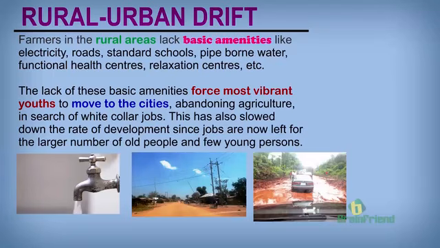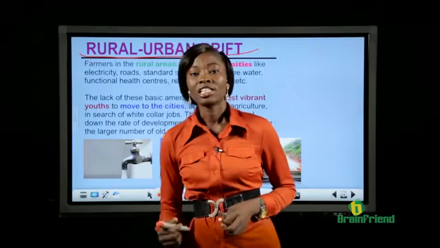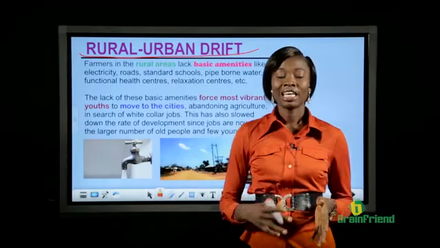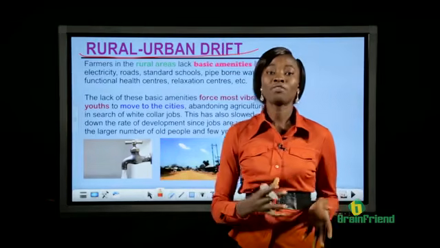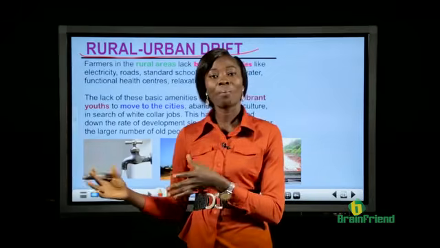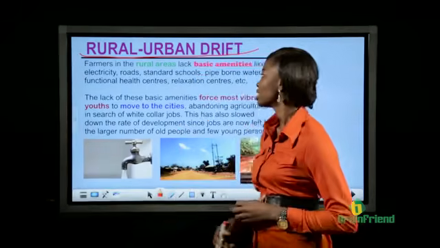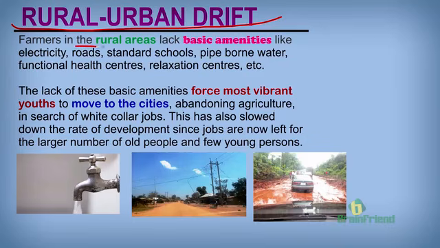The next problem is the problem of rural-urban drift. This problem is simply a problem whereby people leave the rural areas for urban settlements. Farmers in rural areas lack basic amenities such as electricity, good roads, standard schools, pipe-borne water, functional health centers, and relaxation centers.